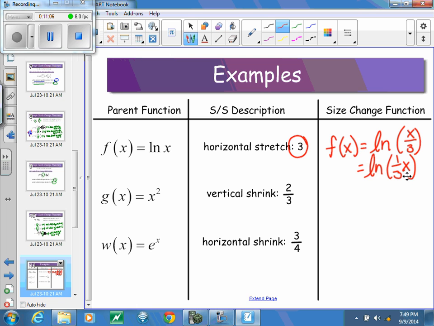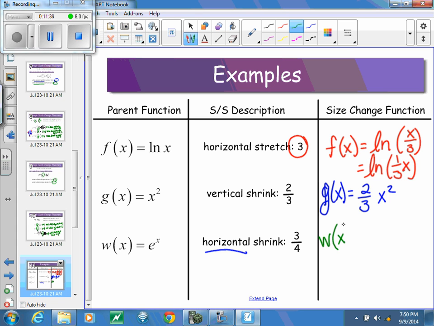A vertical shrink of 2/3, we're going to go outside change for this one. So here I'm looking at g of x and of x squared. So we're going to keep everything the same. We're going to take 2/3 times x squared, and that's all we need to do. With the last one here, we're going to do a horizontal shrink of 3/4. So when we do a horizontal shrink, since it's horizontal here, we're going to go inside change.